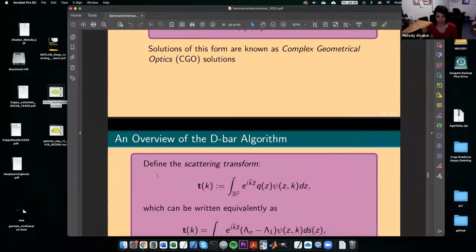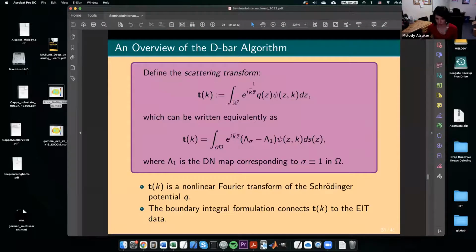We define the scattering transform then. This is that Schrodinger potential Q. This is the solution to the Schrodinger equation psi, satisfying that asymptotic condition. That's our CGO solution, complex geometrical optics solution. So the scattering transform is defined like this. Okay, fine. And this can be written equivalently. You go through a couple of Green's identities, you transform the integral over R2 into a boundary integral just over the domain boundary.